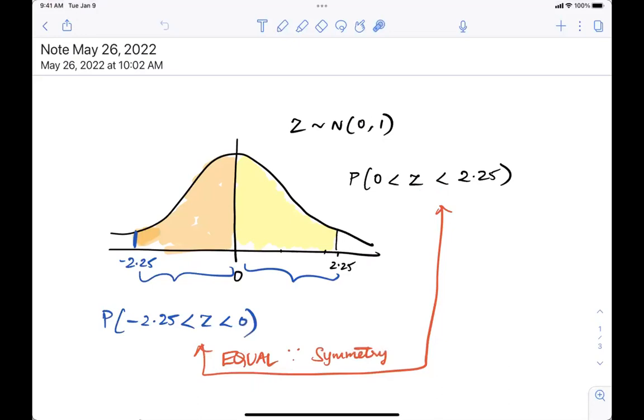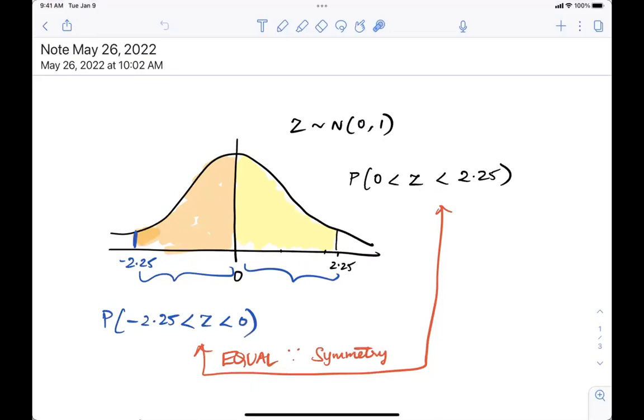Given the symmetry of the normal distribution, the yellow region should have the same area as the orange region, because the endpoints are equidistant from the mean, and that is why we can use symmetry very easily and say that these two areas are the same.